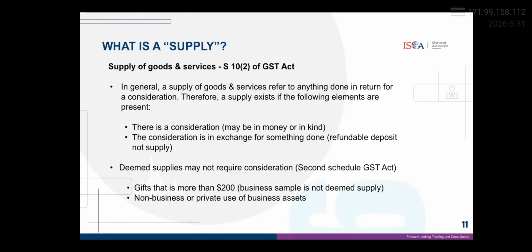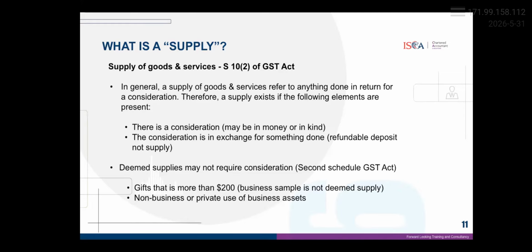Therefore, a supply exists if the following elements are present. There is a consideration. It may be in money or in kind. The consideration is in exchange for something done. Therefore, a refundable deposit is not a supply because there's no exchange for anything.